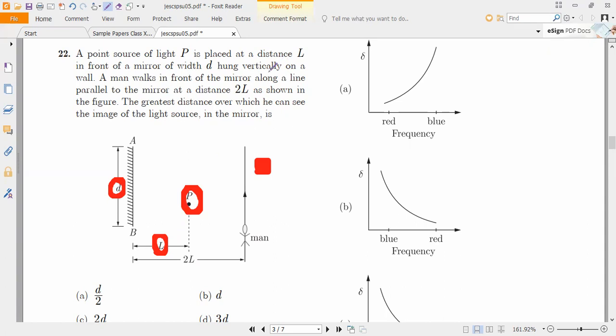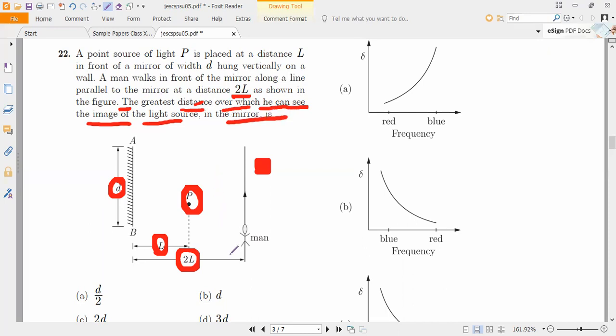Now a man walks in front of the mirror along a line parallel to the mirror at a distance 2L, as shown in the figure. The distance between the mirror and the person is 2L. Now what is the greatest distance over which he can see the image of the light source in the mirror, they are asking. Observe very carefully.